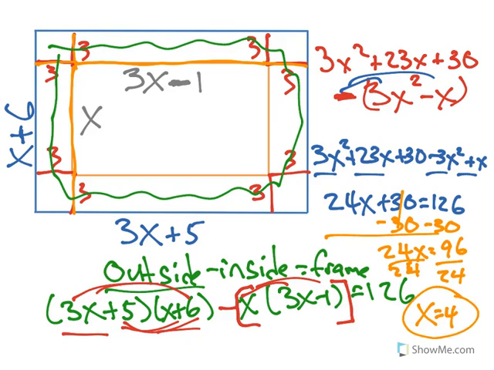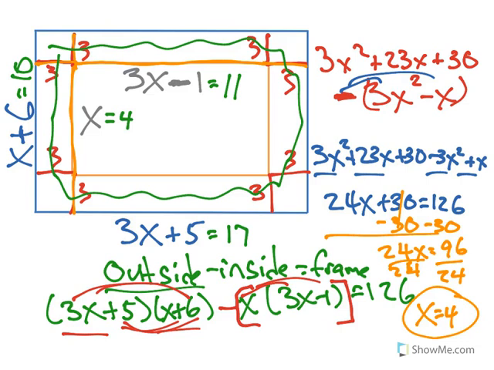And again, guys, it's great that we got 4 instead of 19/3 or something like that, but we still should go back and check it and make sure we did this correctly. So if x is equal to 4, then 3x is 12, minus 1 is 11. And x is 4, x plus 6 is 10, and 3x is 12 plus 5 is 17. So we'd expect the area of the outside subtract the area of the inside to be 126.